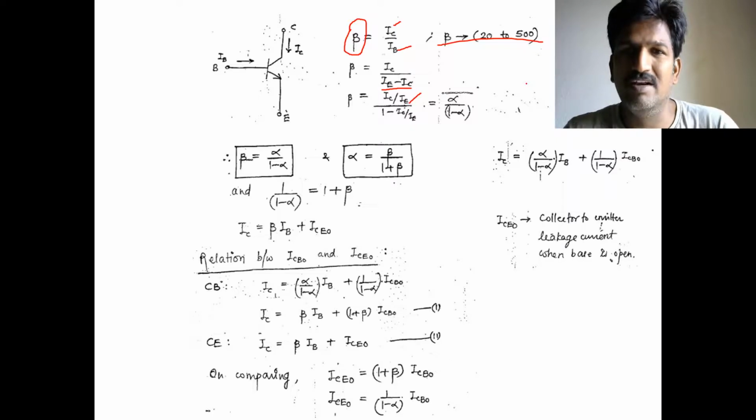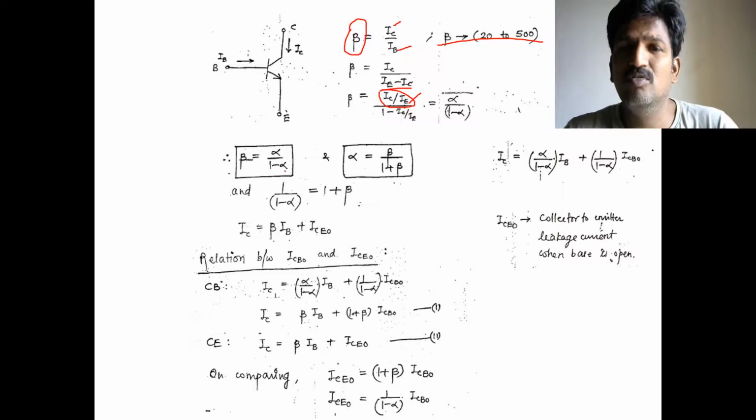Now, IC divided by IE: as per the current relations of the CB configuration, the output current is IC and the input current is IE. So the current relationship of the CB configuration is named alpha. Replace IC divided by IE with alpha.